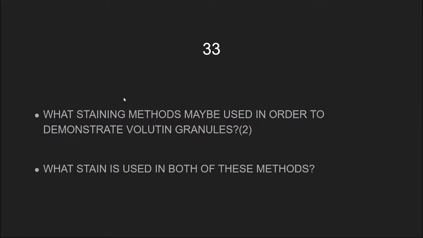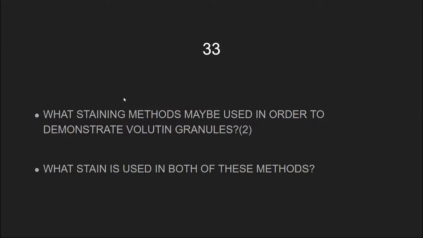Okay, so staining methods may be used in order to demonstrate volutin granules. There's two. We have the Albert stain and the Burke's stain or Burke's method. Both of them use methylene blue. I don't want you guys to delve deep into what they are, but I want you to know that volutin granules or Babes-Ernst granules, or metachromatic granules from Corynebacterium, can be demonstrated using methylene blue with Albert's and Burke's method.